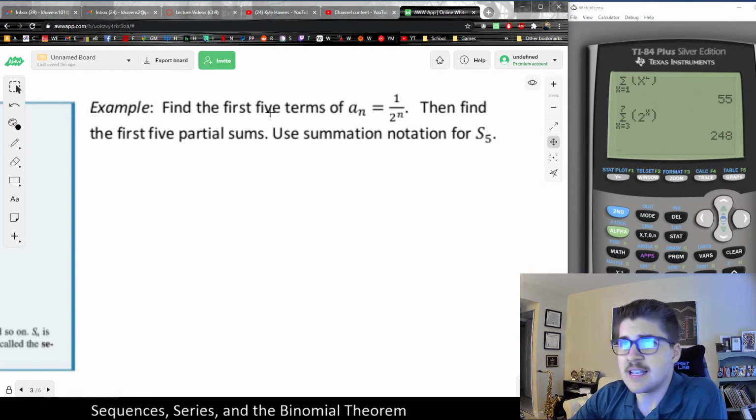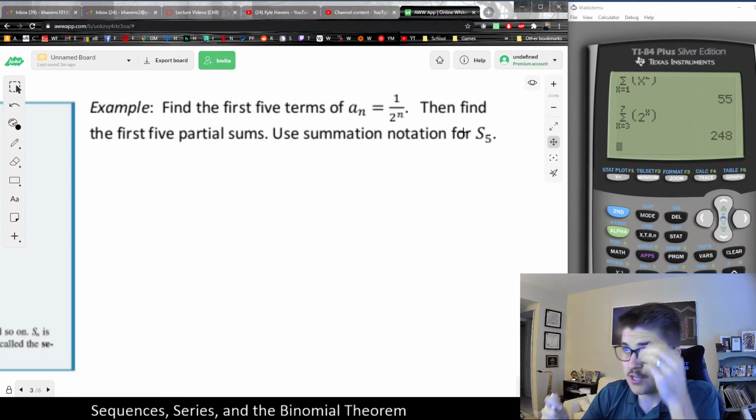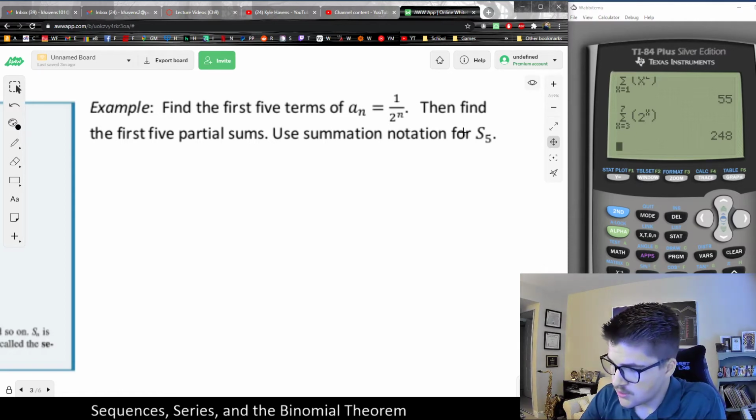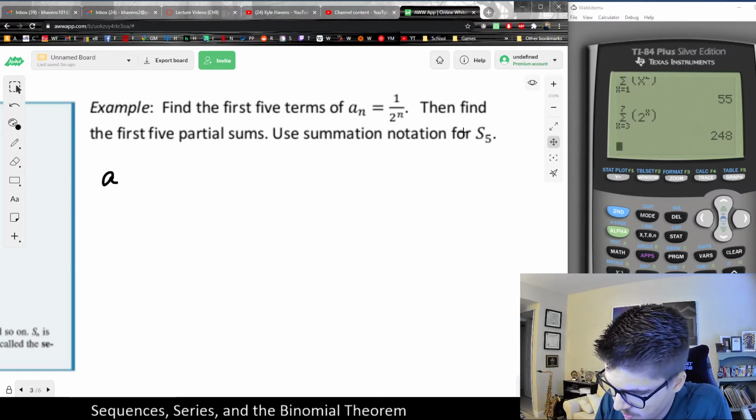So let's actually do an example. It says find the first 5 terms of A sub n is equal to 1 over 2 to the n, then find the first 5 partial sums, and let's see if we can find any connections here. So let's start by listing the terms of the sequence. We have our formula, so we can find A1, A2, A3, A4, and A5.